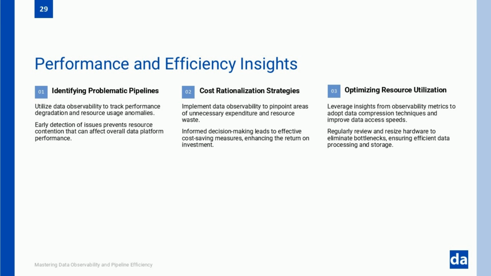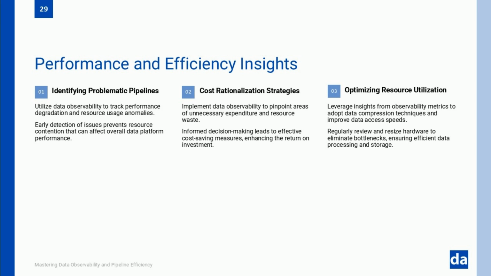2. Cost rationalization strategies with observability. You pinpoint wasteful areas in your pipelines, like uncovering those extra charges in your monthly subscriptions. Make data-backed decisions to reduce costs while improving returns. Every dollar saved here is a dollar invested in innovation. 3. Optimizing resource utilization.